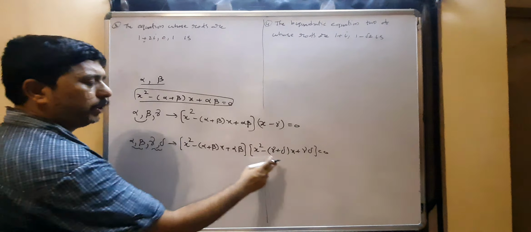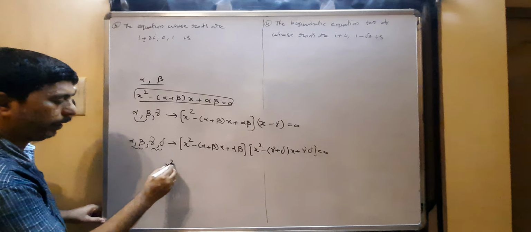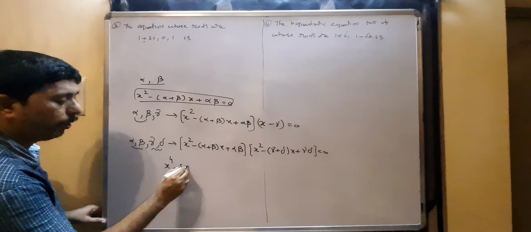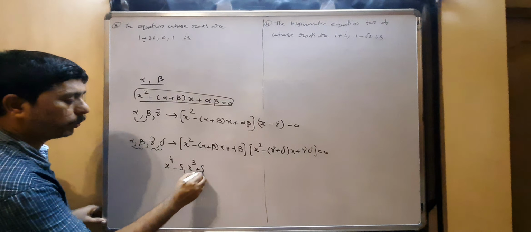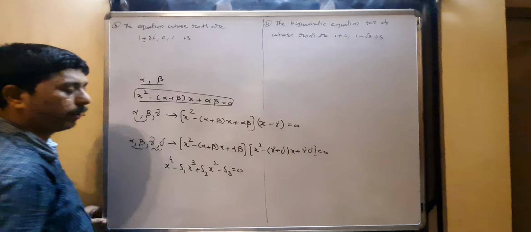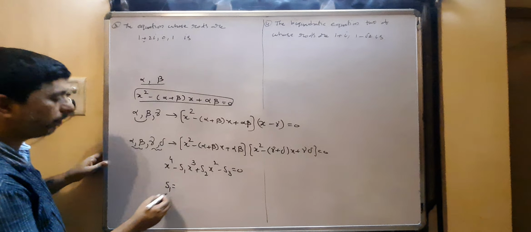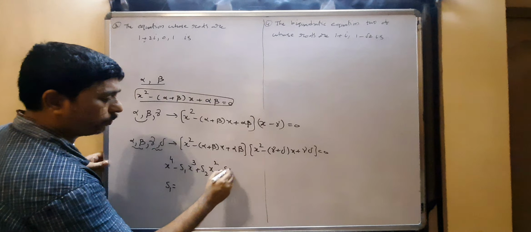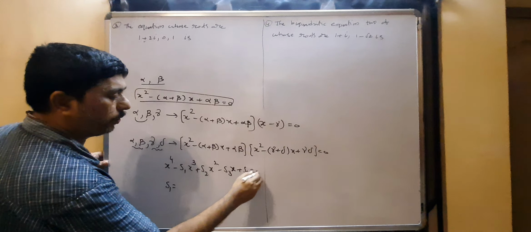Okay, multiply these two, we get x power 4 minus s1 into x cube plus s2 into x square minus s3 x plus s4 equal to 0.